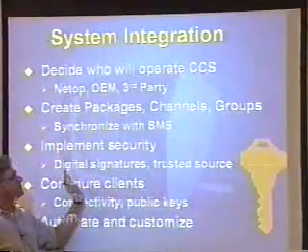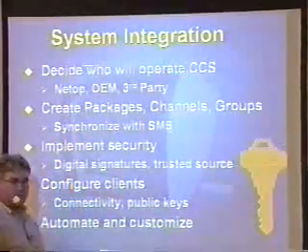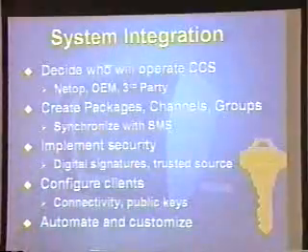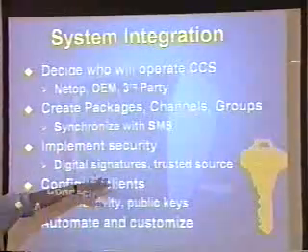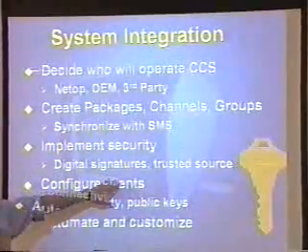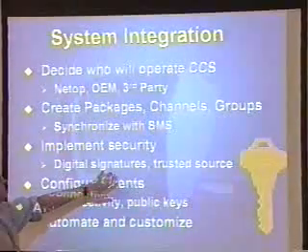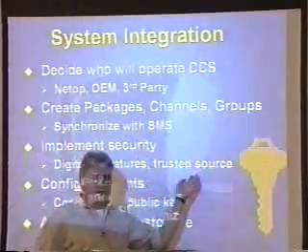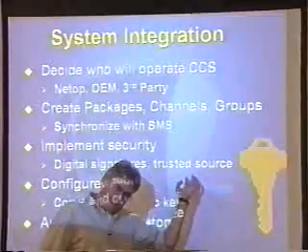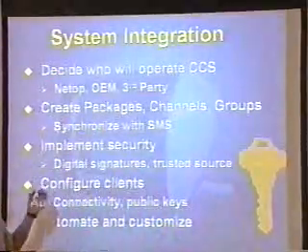If it comes from a non-recognized source, the client's just going to drop the bits and not install it. So implementing security, putting the right signatures in the box, and making sure that the bits you want to download are signed is work.